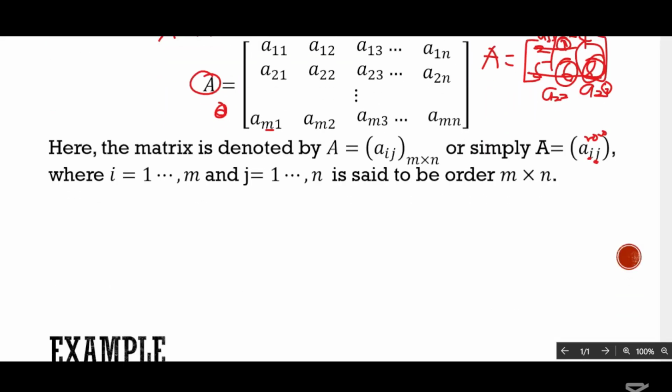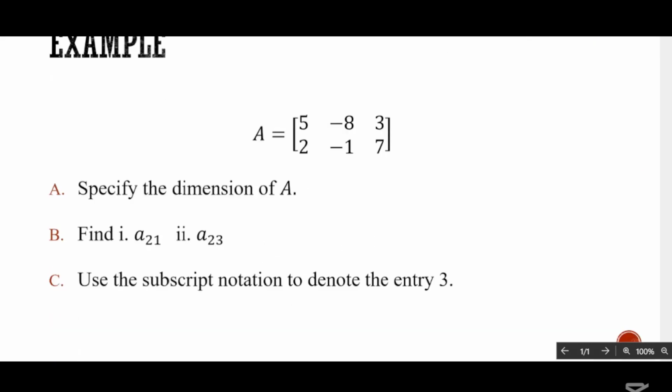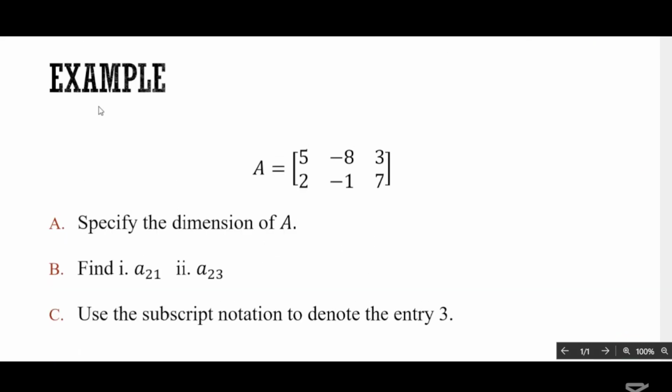Great. Now let's look at this example. We have A equal to 5, negative 3, 2, negative 1, and so on. Let's now take the positions of these numbers. So we have A11, A12, A13.